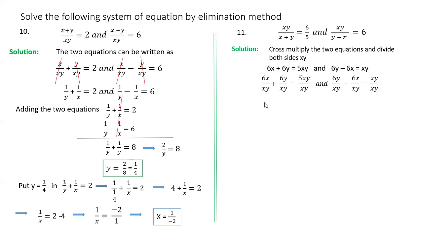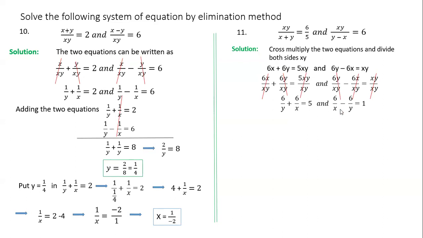So here x will cancel. Here y will cancel. Here the whole xy will cancel. Here y cancels. Here x cancels. Here both xy cancel. What is left here? 6 upon y plus 6 upon x is equal to only 5.